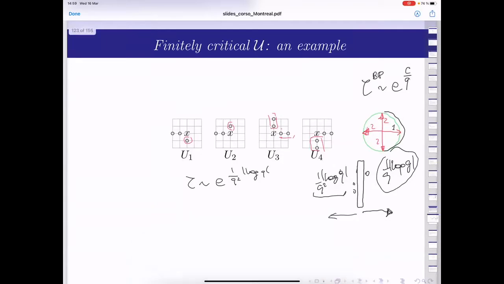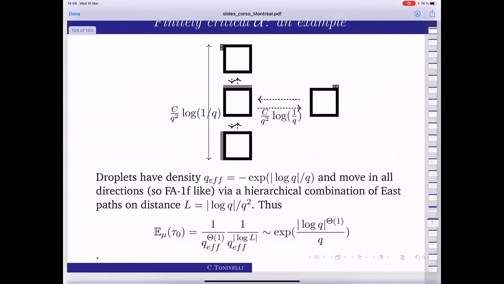So the reason why the scaling of the stochastic dynamics doesn't gain this 2 in the exponent, at variance with the models which are infinitely critical, so that they have an infinite number of stable directions, is that the motion of these droplets occurs in a very subtle way.